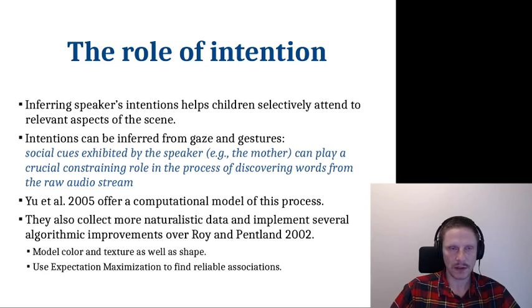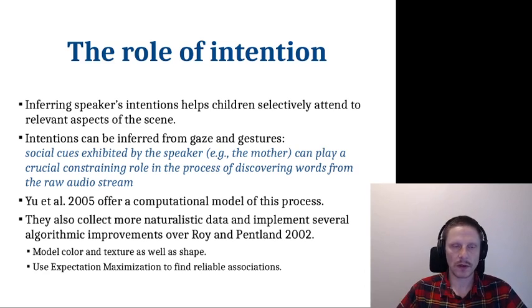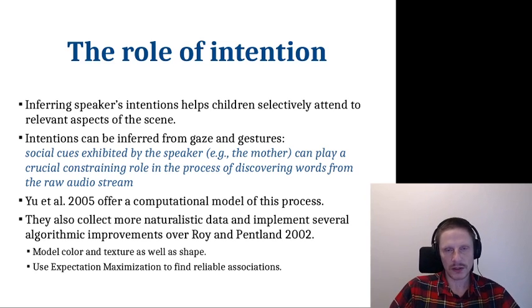There is this quote from the paper: social cues exhibited by the speaker, for example the mother, can play a crucial constraining role in the process of discovering words from the raw audio stream. In this paper from 2005, they model this computationally. The model is along the same lines as the previous one by Roy and Pentland, with some refinements.